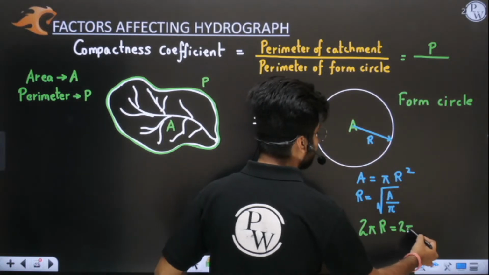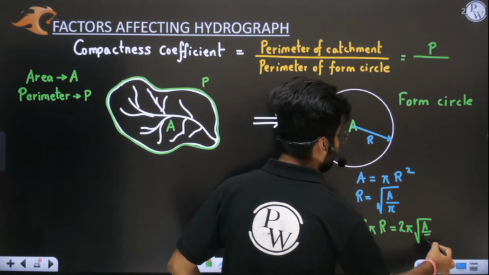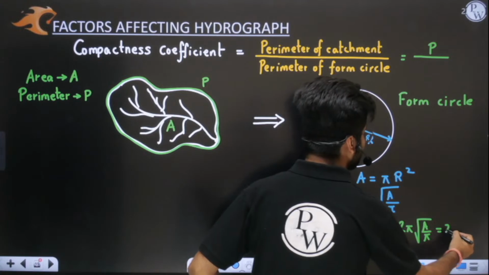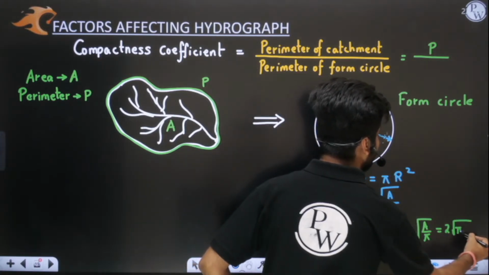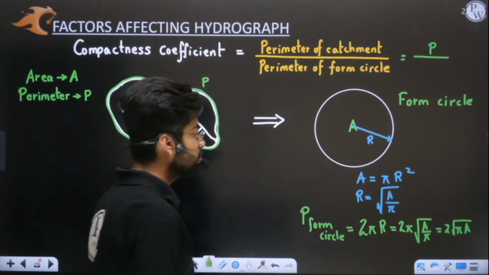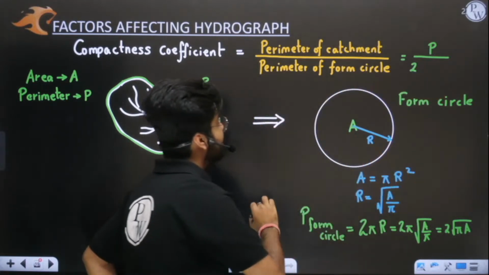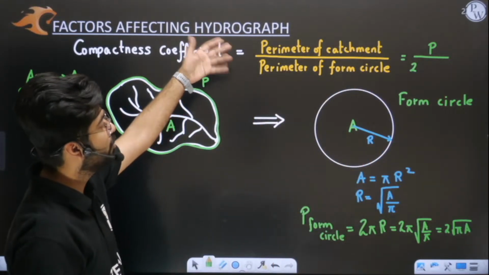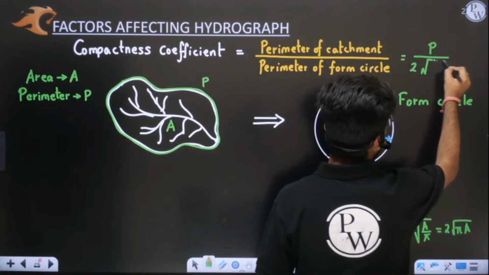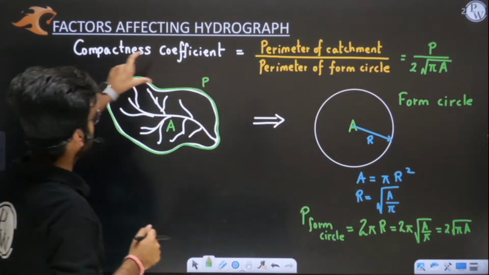So it will be 2 pi, and r is under root A by pi. This pi will get cancelled and you will get 2 under root pi A. I will write this perimeter of the formed circle here, because compactness coefficient is the perimeter of the catchment upon the perimeter of the formed circle. So I will write 2 under root pi A. This is the compactness coefficient.